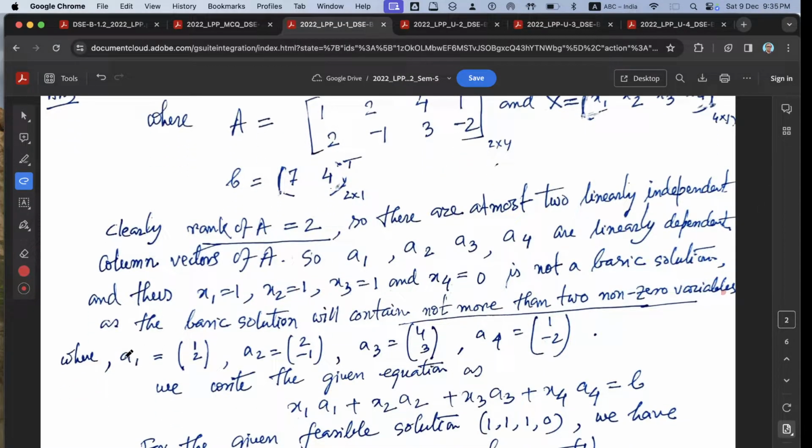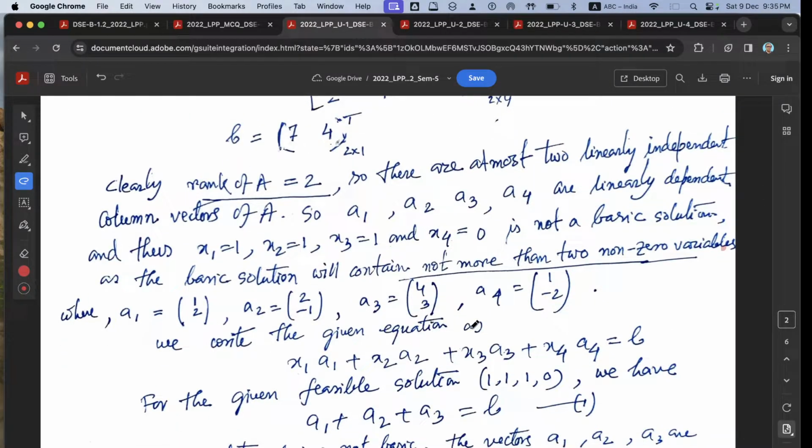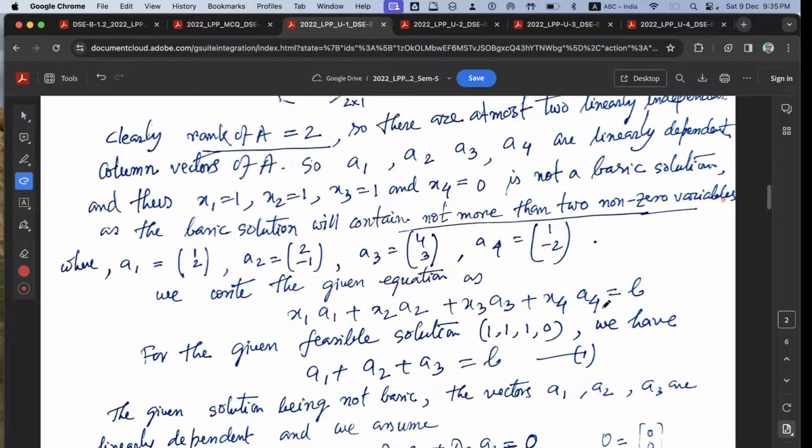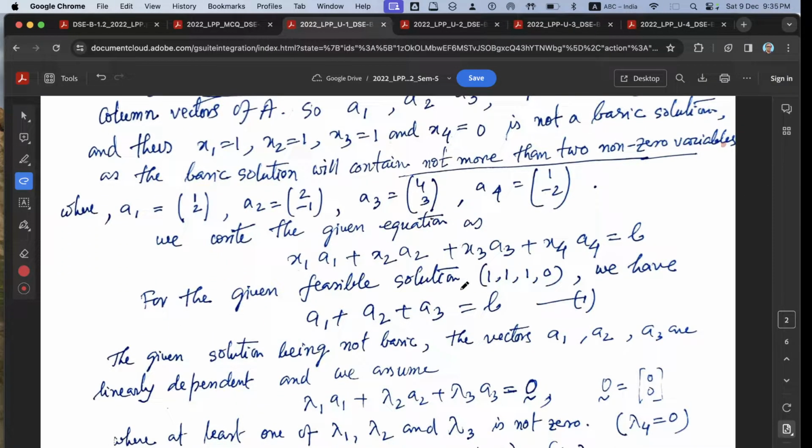The column vectors are A1 is (1, 2), A2 is (2, 1), A3 is (4, 3), and A4 is (1, minus 2). We write the given equation as x1a1 plus x2a2 plus x3a3 plus x4a4 equal to b. For the given feasible solution (1, 1, 1, 0), we have a1 plus a2 plus a3 equal to b.